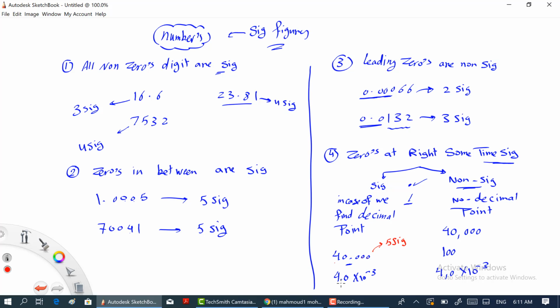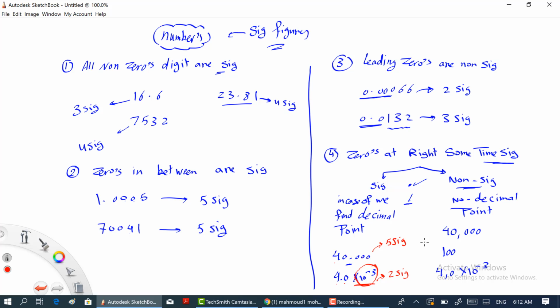In this case, when having the decimal point, the 4 and the zeros are significant. The power is not significant. So in this case we have 2 significant figures. Again, the power is not considered significant.